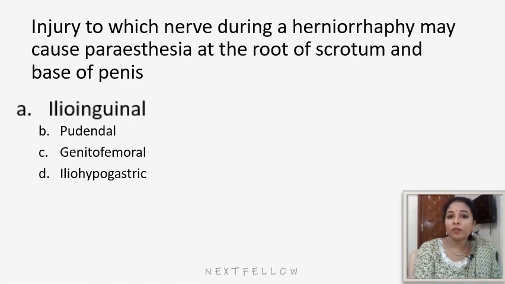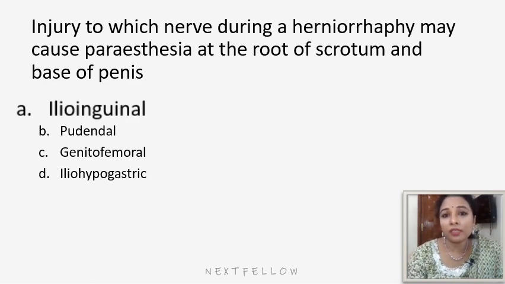The ilioinguinal nerve pierces the internal oblique muscle and distributes its filaments into it, and accompanying the spermatic cord through the superficial inguinal ring, it is distributed to the skin of the upper and medial part of the thigh. In males, it continues as the anterior scrotal nerve, which supplies the skin of the anterior part of the scrotum and also the skin over the root of the penis.